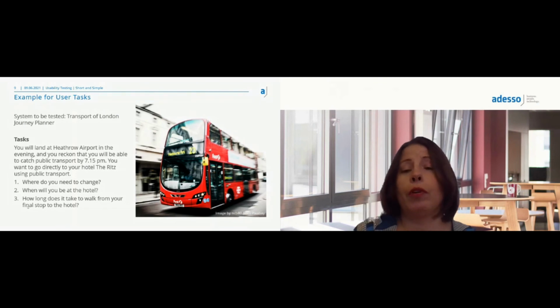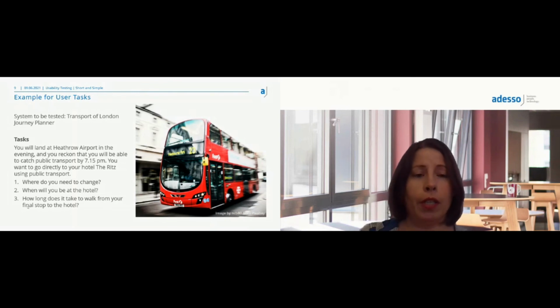So you've created one task, you would have several tasks, but one task could be: you will land at Heathrow Airport in the evening and you reckon that you will be able to catch public transport by 7:15 p.m. You want to go directly to your hotel, the Ritz, using public transport.